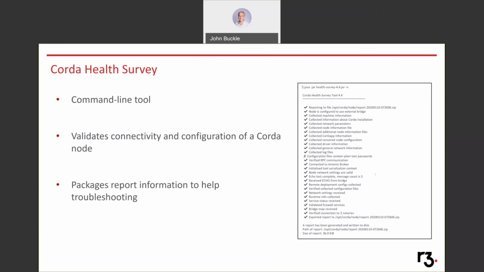And it was formally released with Corda 4.0. With each release, we come out with a new version of the health survey tool. So the version that comes out with Corda Enterprise 4.4 is for 4.4 and above. Unfortunately, it's not backwardly compatible, but you can obtain the previous versions from our support team.